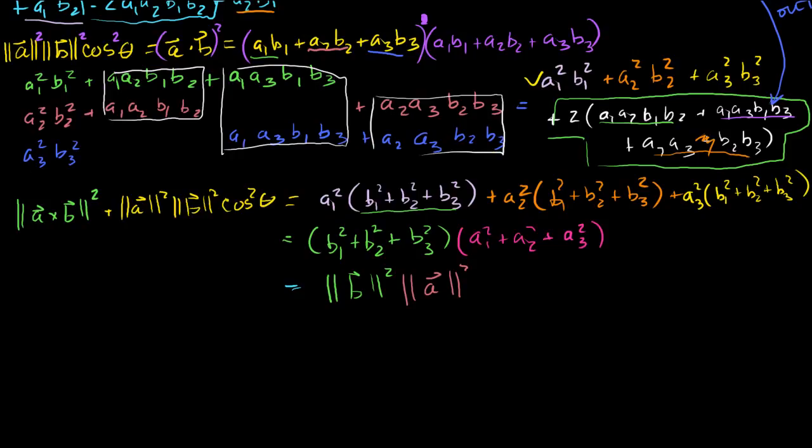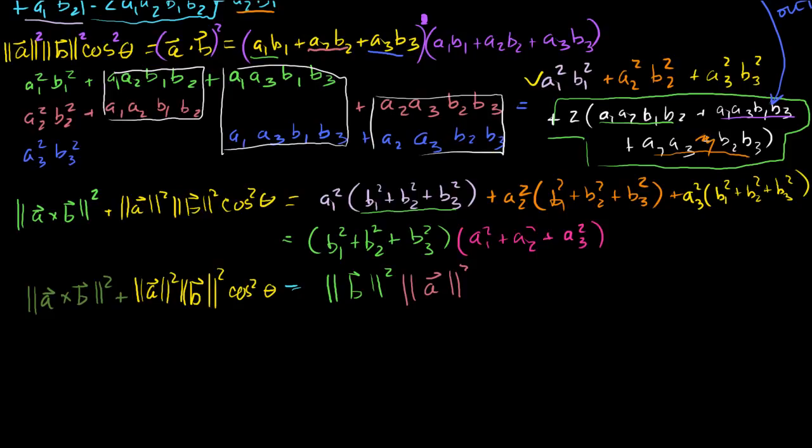So let me rewrite everything. We have the length of a cross b squared, plus this thing, the length of a squared times the length of b squared times the cosine squared of the angle between them, is equal to that.